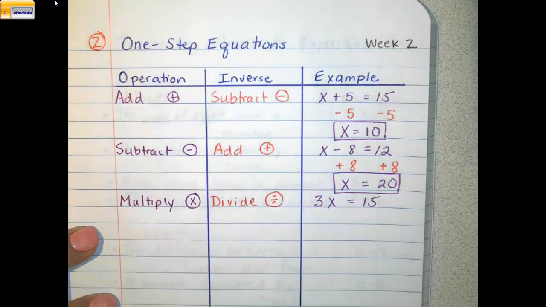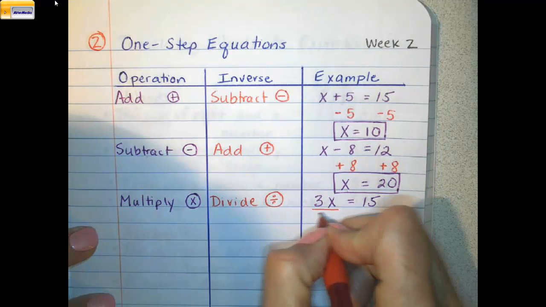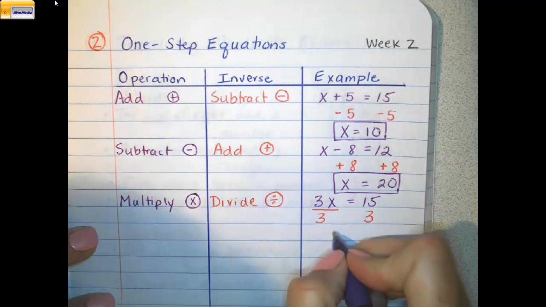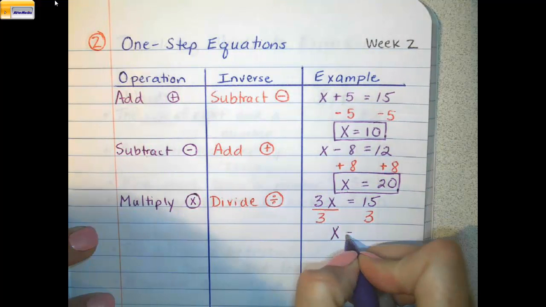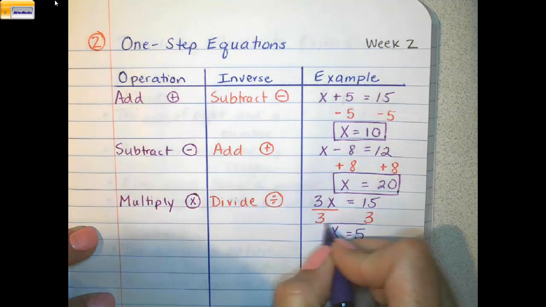And in this example, I would divide both sides by 3. So 3 divided by 3 cancels out to be 1. 15 divided by 3 is 5. I have isolated the x by itself, and I end up with 1x equals 5. That's my solution.